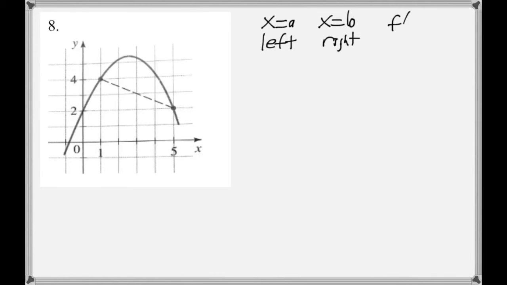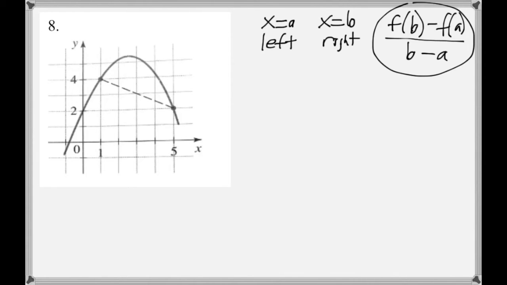And it's f of b minus f of a over b minus a. Now this is essentially the slope formula, so the y2 minus y1 over x2 minus x1. But this is more of a functional notation version of it.